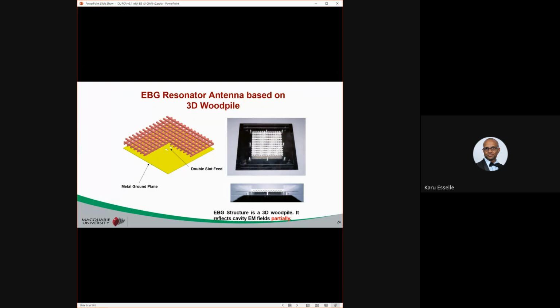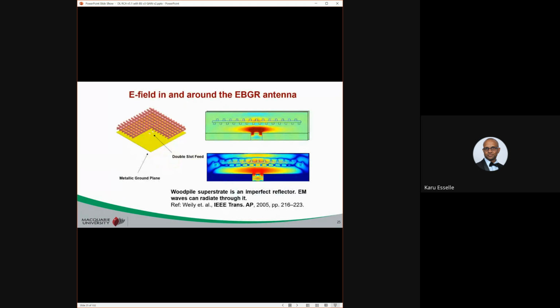The resonant cavity is here, and there's a ground plane which is a little larger than the wood pile, and the feed is this. There are 2 slots in the ground plane, and they are connected to a waveguide.